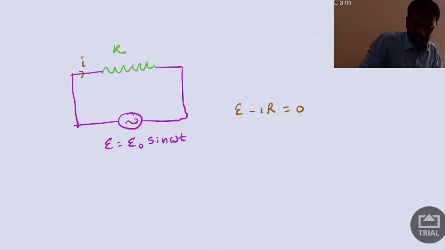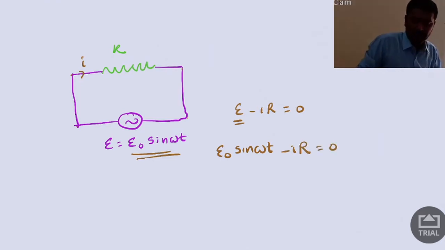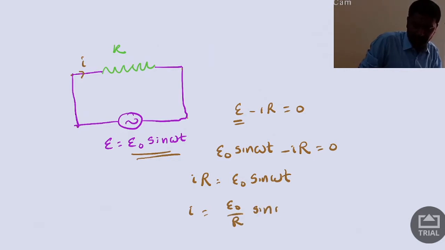If you have a direct supply, you get the same equation. But now my E is E0 sin omega t. So I will write E0 sin omega t minus IR equals 0. From here, IR is E0 sin omega t, so I equals E0 by R sin omega t.